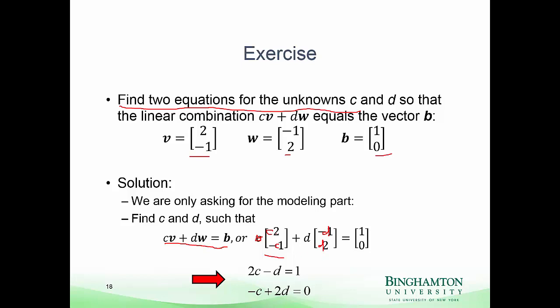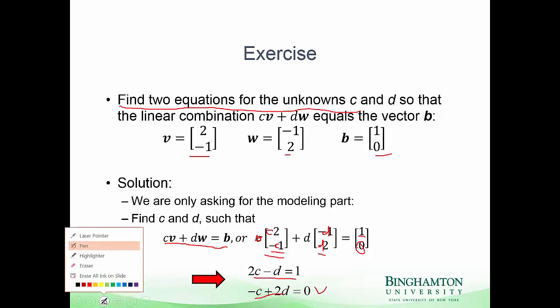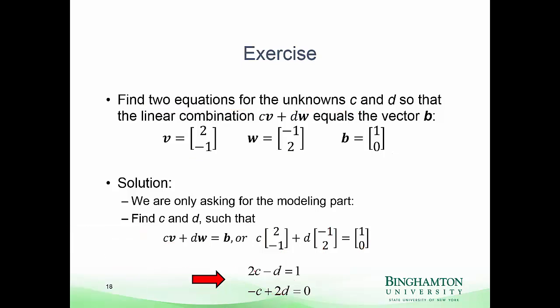So we're going to have c plus a negative d, and that must be equal to 1. So there's our first equation. And then we have negative c plus 2d, and there's our second equation. And that's equal to 0, which is the element over here. So that's just exploiting the idea of scalar multiplication coupled together with vector addition.